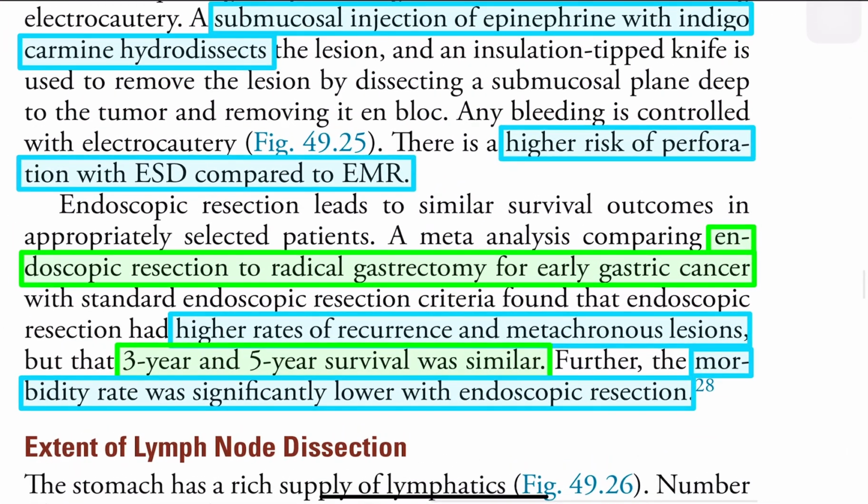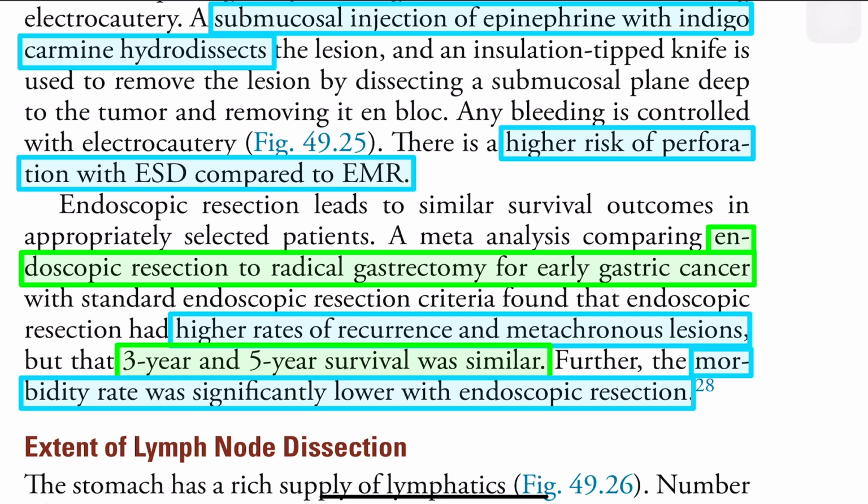We have compared endoscopic resection to radical gastrectomy for early gastric cancer. In early gastric cancer, we can do endoscopic resection or radical gastrectomy.